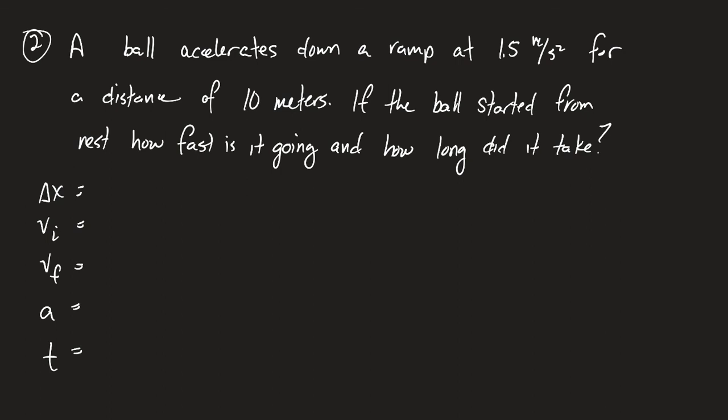So you write them where they go. I'll tell you if you're right or wrong. That should be where they go. You should have nothing for final velocity and nothing for time.